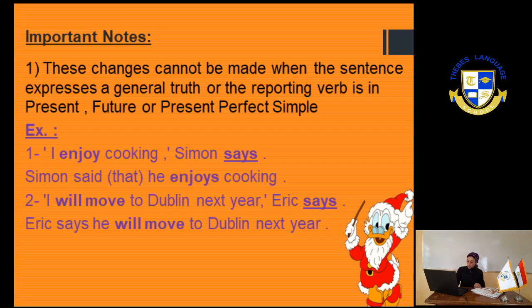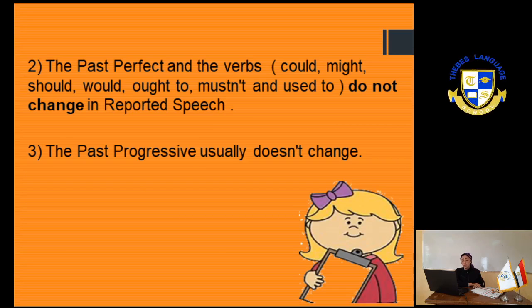Let's move to the next slide. The past perfect and the verbs could, might, should, would, ought to, mustn't, and used to don't change in the reported speech. How? If I have one of them, I can't use another one instead. I should use them the way they are. The past progressive usually doesn't change.